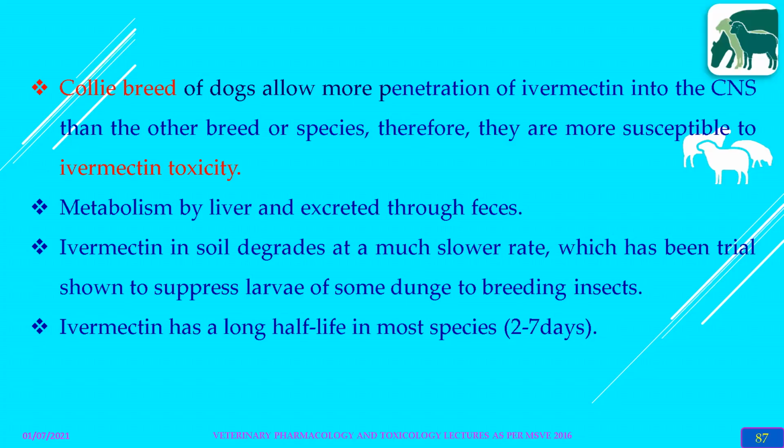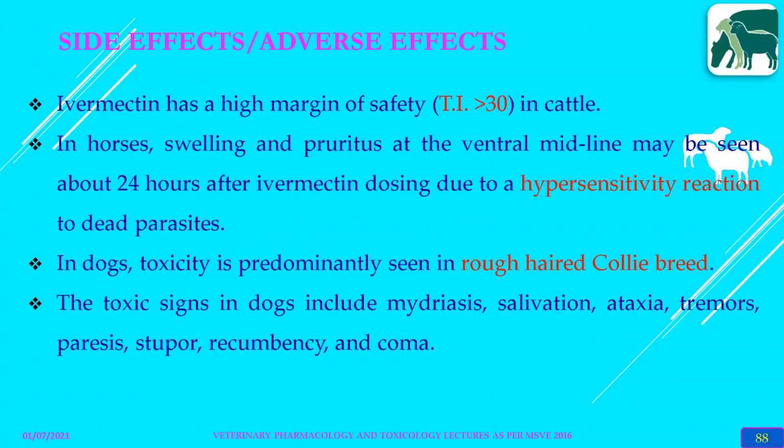Ivermectin has a long half-life in most animals, that is 2 to 7 days. It means if you repeat the injection once in 2 to 7 days, it's enough in different species because it has enterohepatic circulation.